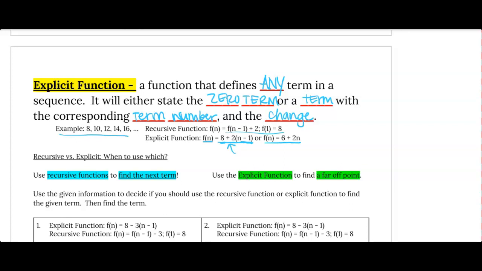In this one, it's 6 plus 2n. So it's telling me the 0 term is 6. This form, 8 plus 2 times n minus 1, is the form that gives you the term with the term number, while the other form is the form that gives you the 0 term.